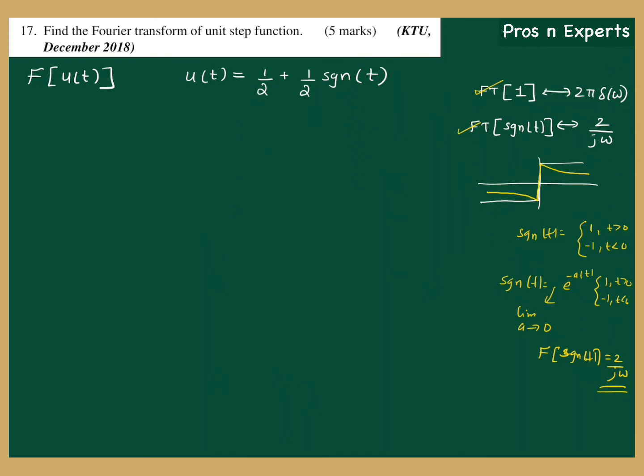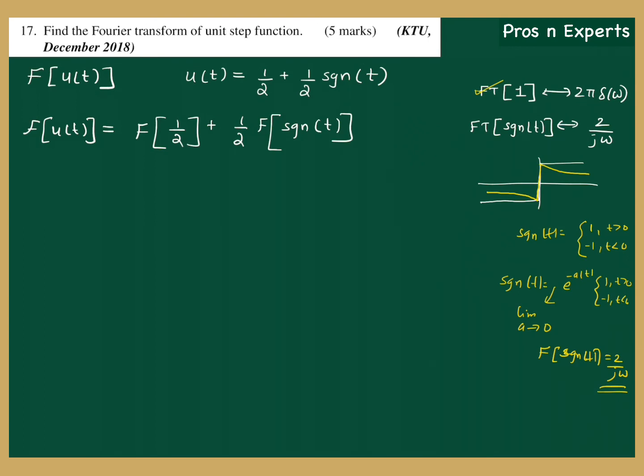So what we have to do is find the Fourier transform of u of t, and that will be the same as the Fourier transform of 1 by 2 plus 1 by 2 into the Fourier transform of signum of t.